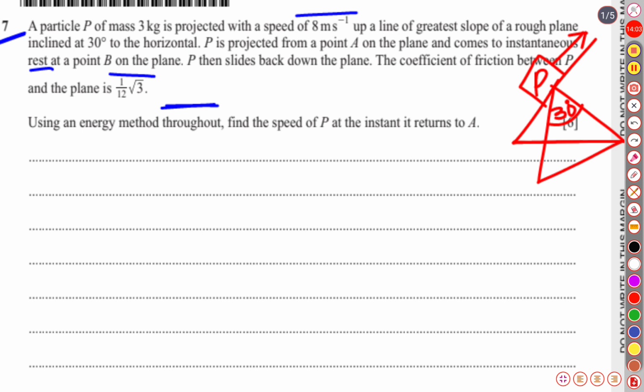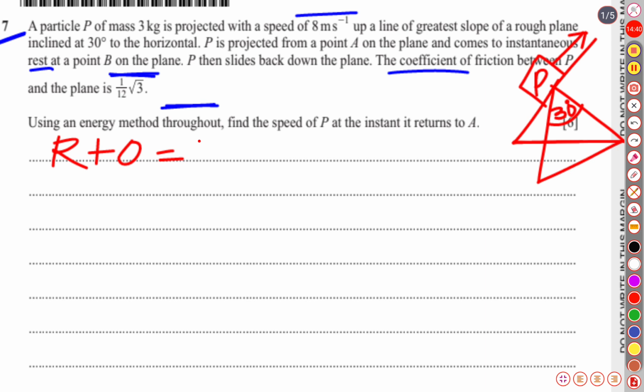Before that, we will have to find something else. Look at this, the plane is rough. Here it is given the frictional coefficient is square root of 3 over 12. That means the plane is rough. Whenever the plane is rough, we will have to find the normal reaction force. So let us see the normal reaction force. R is equal to, as there is no upward force, it was projected just on the plane, R plus 0, and the downward force is actually weight.